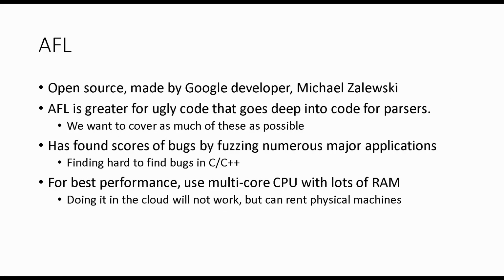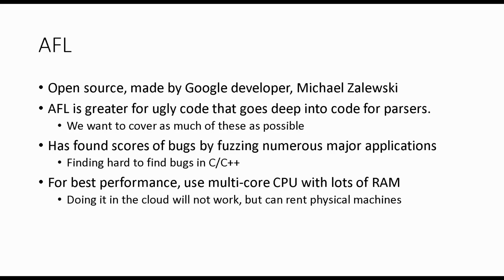So, open source. If you have big, nasty, ugly code, that's fine. AFL can handle it. A great example of that is code that might have six, seven nested if statements.